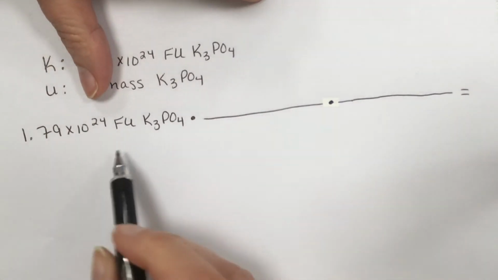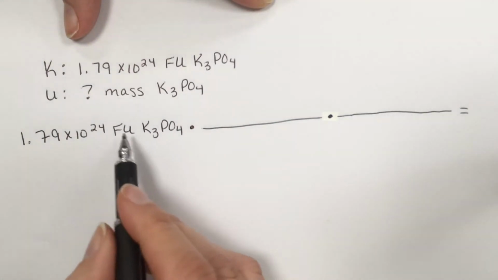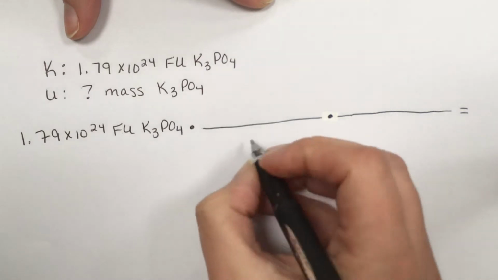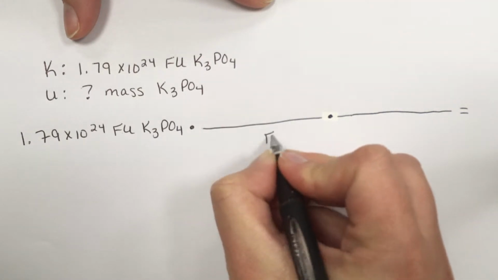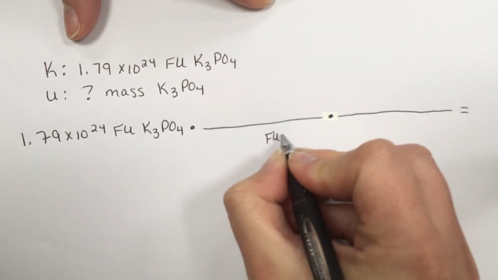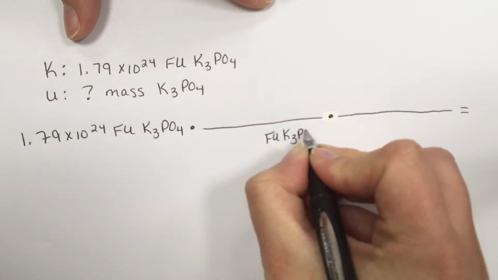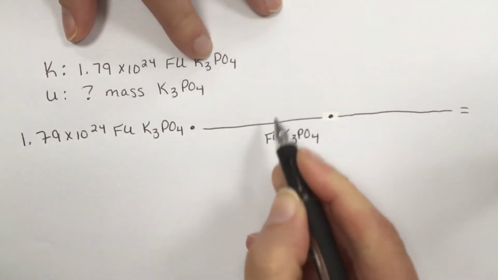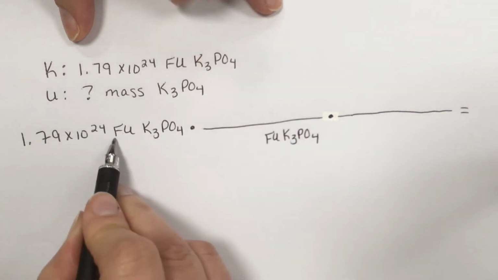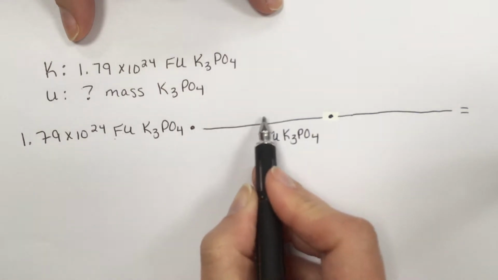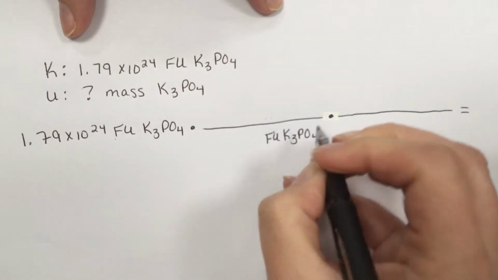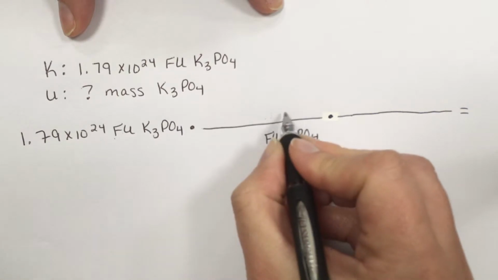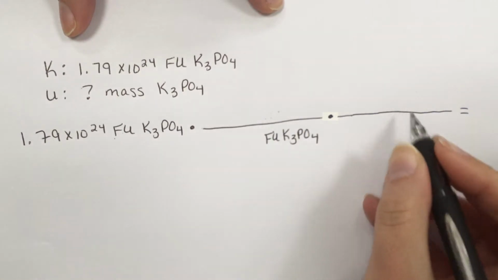Okay, so remember dimensional analysis, whatever is up here must go down here. So this will be formula units of K3PO4. And then up here, so we're converting from formula units to moles. We're going to need to convert to moles, because we'll use moles and convert that to mass.